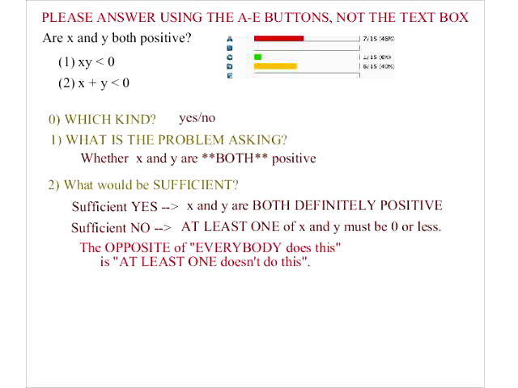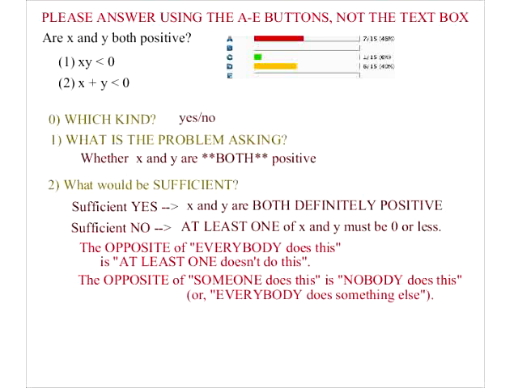The opposite of somebody, or at least one, is nobody does this. Or everybody does something else. Okay, this is where people run into a lot of trouble, because a lot of people are thinking that a no answer here is that both numbers are negative. And that's not true.